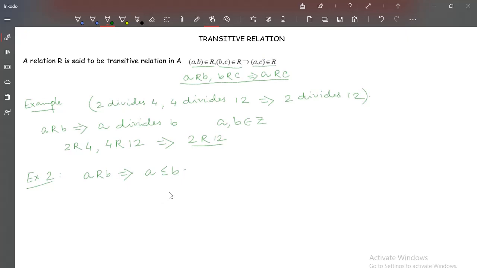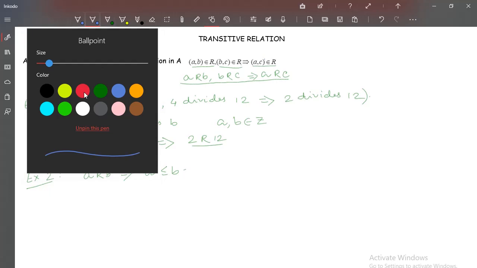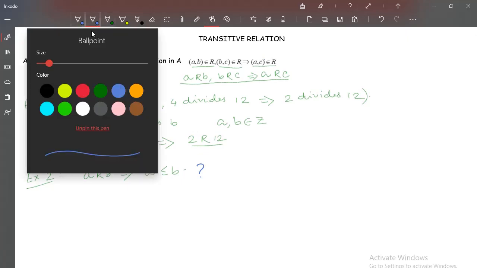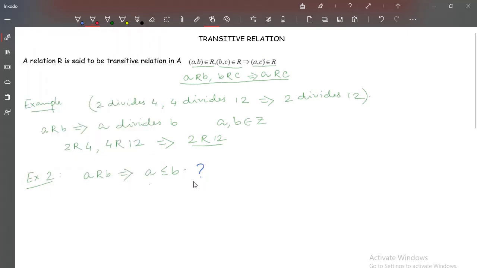Is this a transitive relation? If you think this is a transitive relation, then you will send the answer in the WhatsApp group. This is for you.